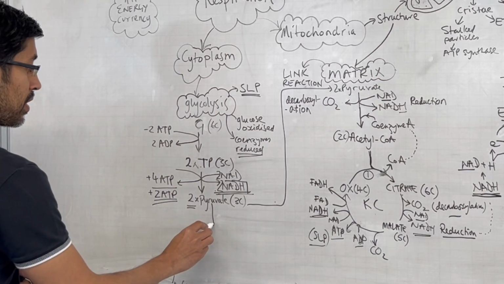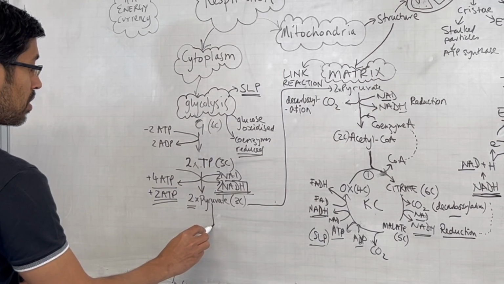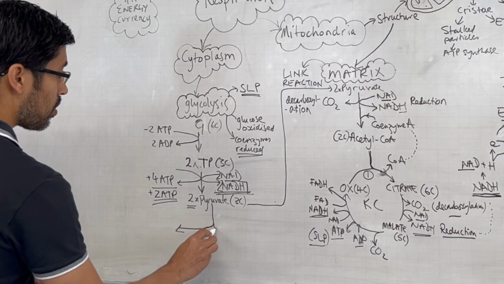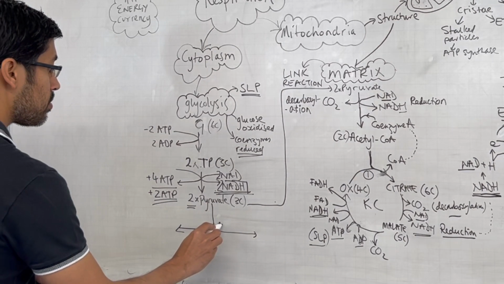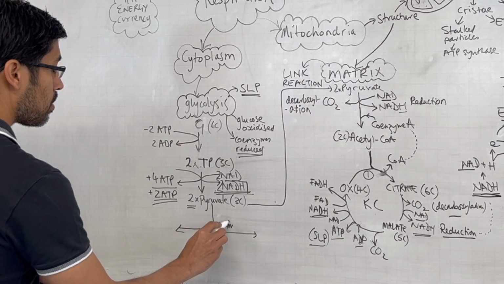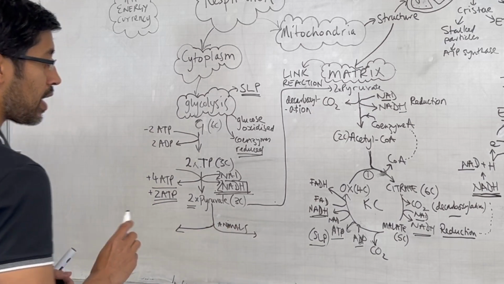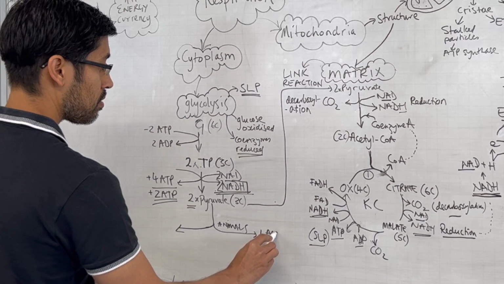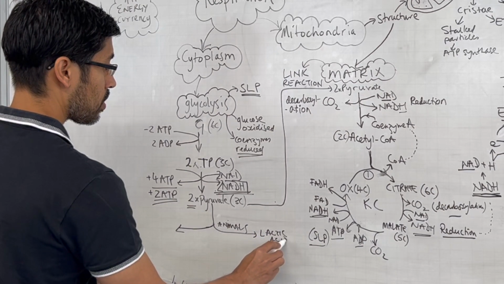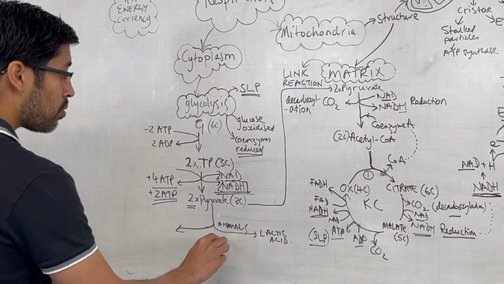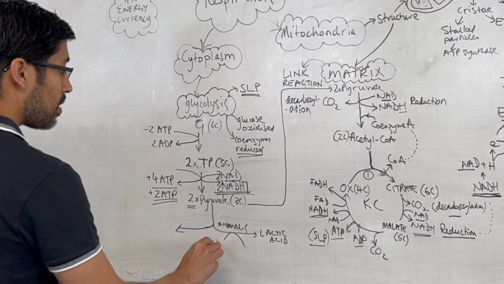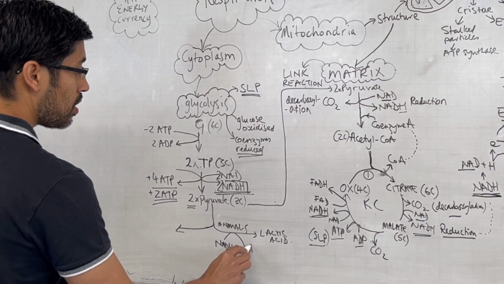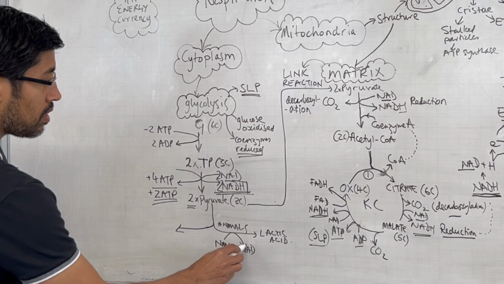So remember, there are two pathways. There are two things that can happen to pyruvate, and we'll look at that right here. So in animals, pyruvate is converted to lactic acid, and in doing so, we convert NADH back to NAD, right?